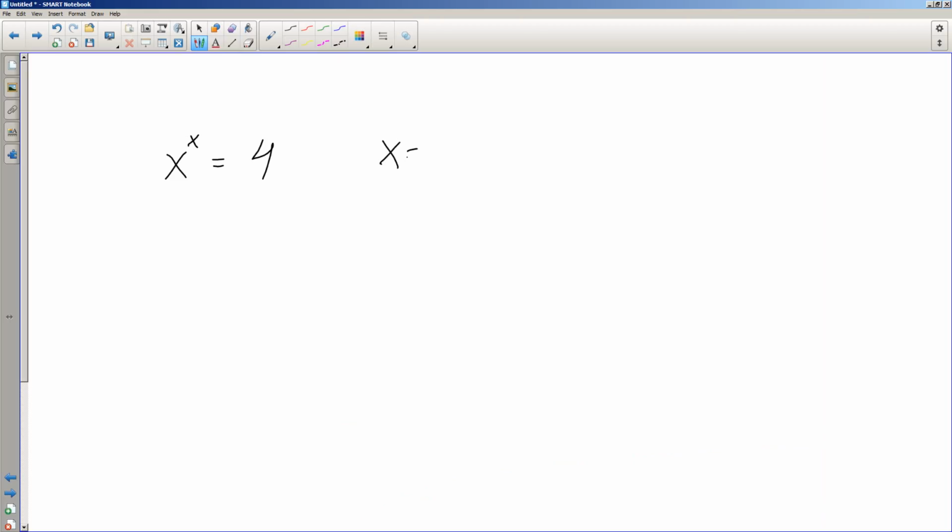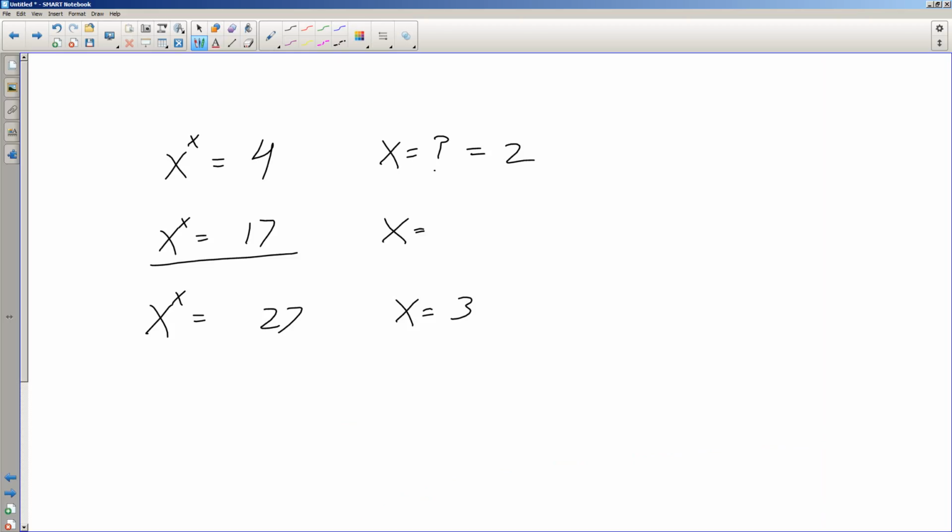Well, you look at this, you start trying numbers probably. 1 raised to the 1 is 1, 2 to the 2 is 4. So if I give you x to the x is equal to, say, 27, x is going to be equal to 3, right? What if I give you something like x to the x power is equal to 17? What's x equal to now? And the answer is, I don't know.